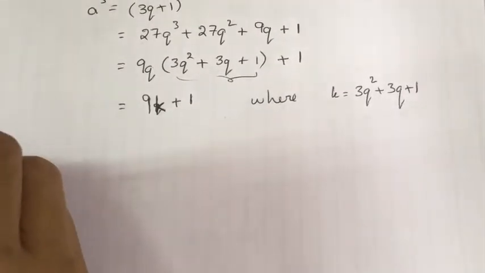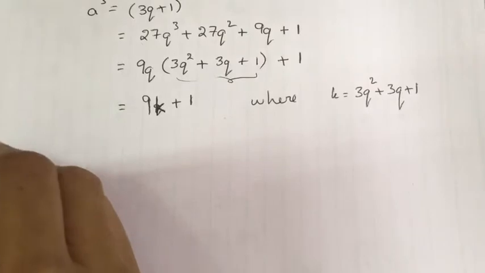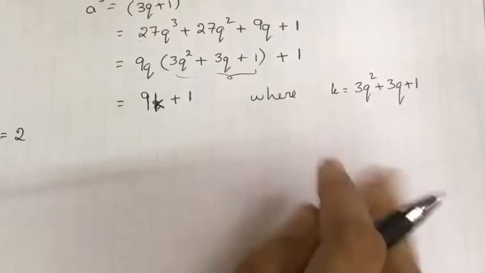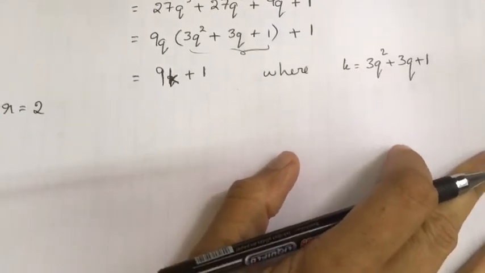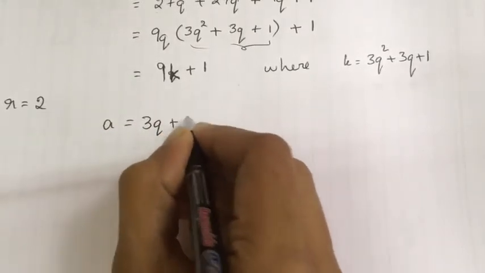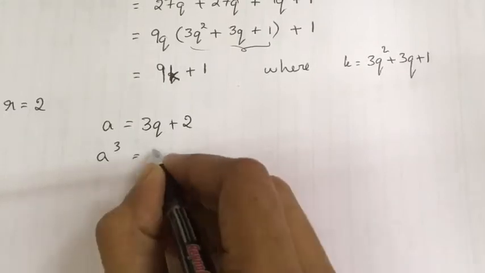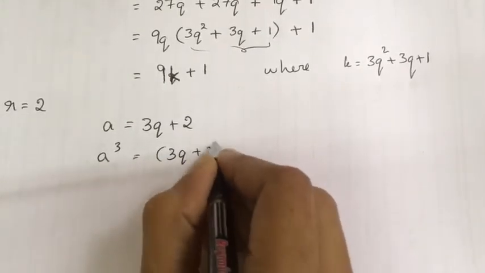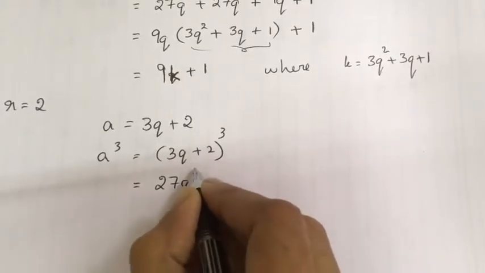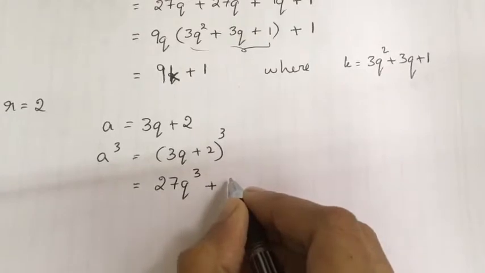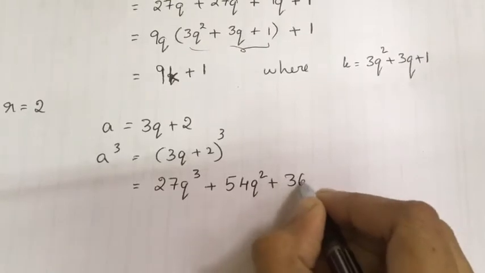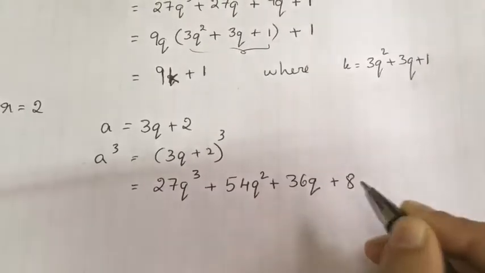I have to check with all possible remainders. Each remainder gives you one form. When the remainder is 2, what happens when r equals 2? In that case, a is 3q plus 2, so a cube is 3q plus 2 whole cube, which is nothing but 27q cube plus 54q square plus 36q plus 8.